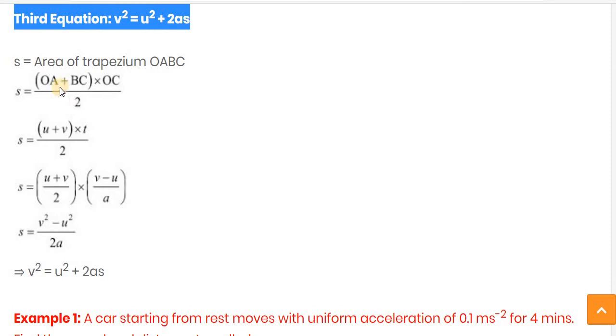So we can write OA plus BC into OC divided by 2. So S is equal to OA's value, that is U, the initial velocity, BC value, that is V, the final velocity, and OC means T divided by 2. So S is equal to U plus V divided by 2.